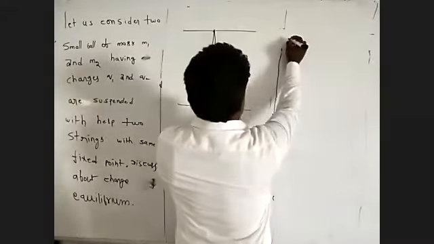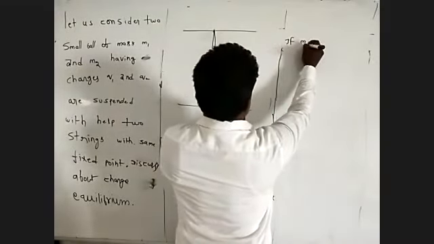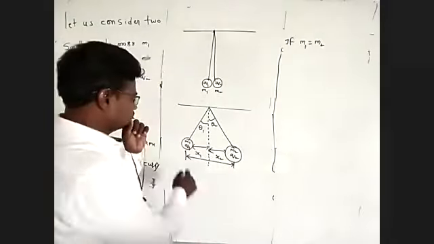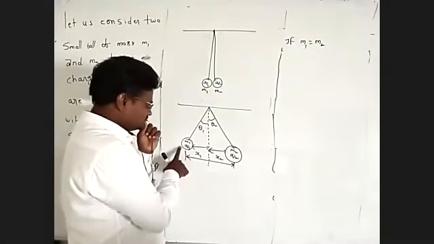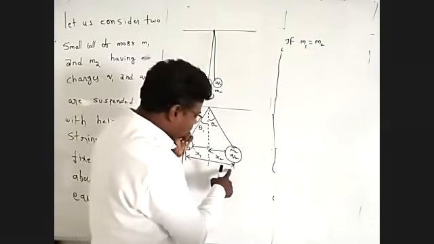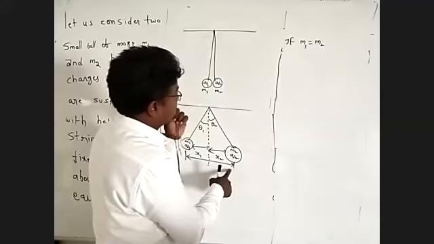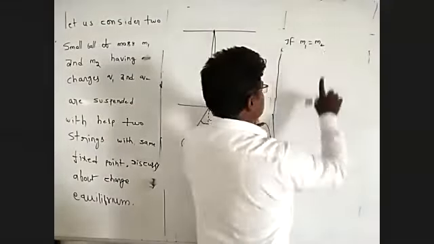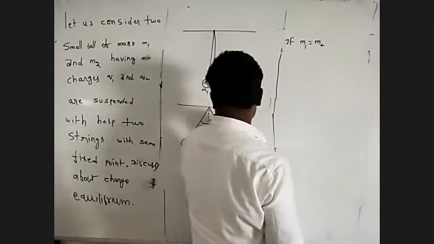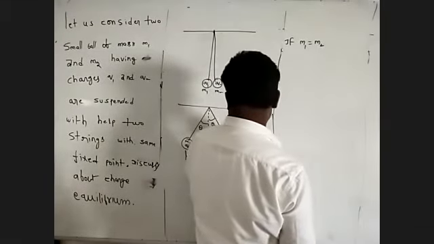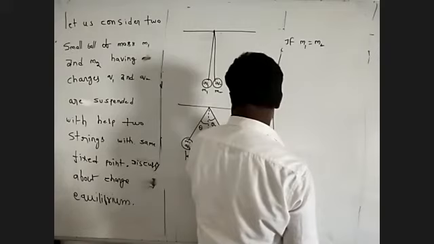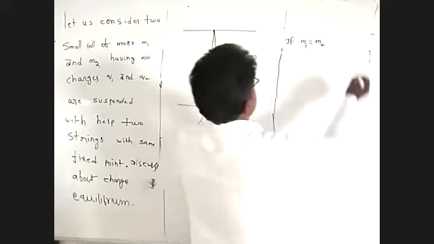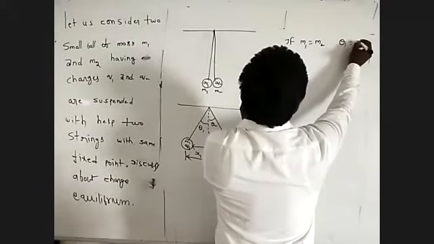Condition number one: if m1 is equal to m2, the two masses are equal, so theta 1 and theta 2 are also equal.